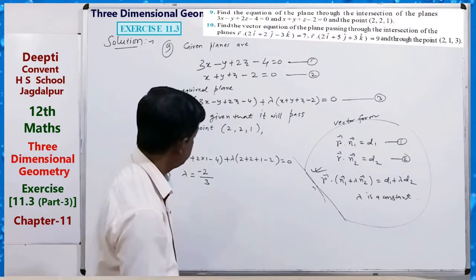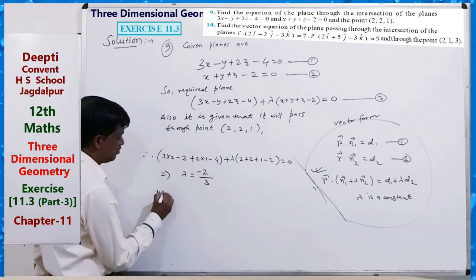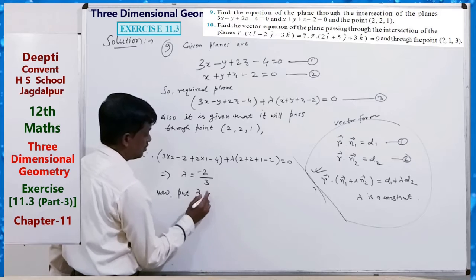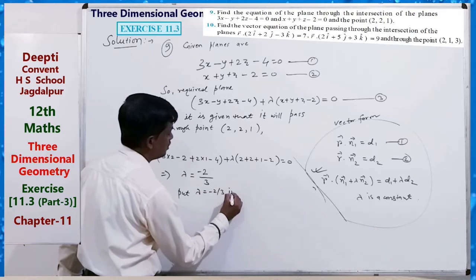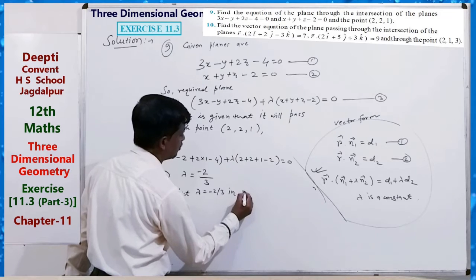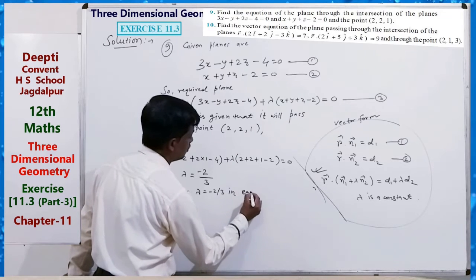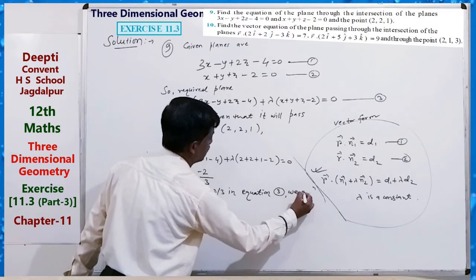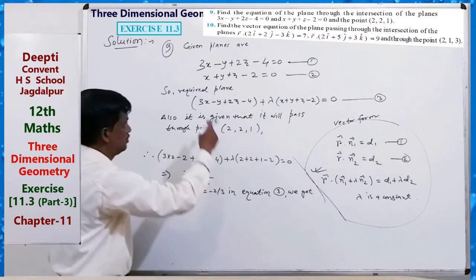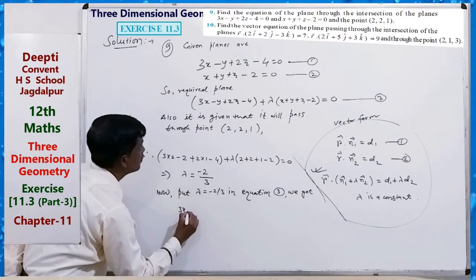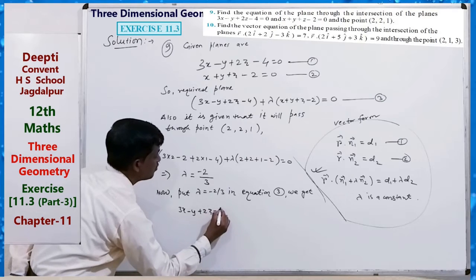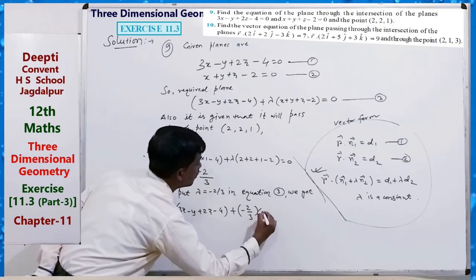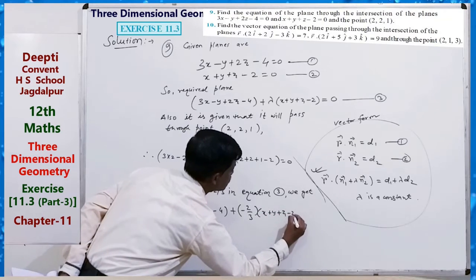Now put lambda equals minus 2 by 3 in equation 3. We get 3x minus y plus 2z minus 4 plus minus 2 by 3 into x plus y plus z minus 2 equals 0.